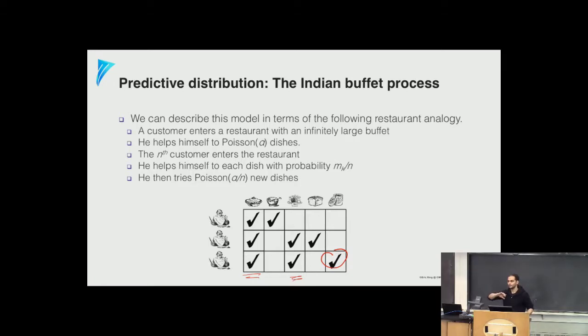So there will be some dishes that were tried by maybe one customer, but no one else ever tried that dish, just because the probability of selecting that dish was much smaller for, let's say, the nth customer after the first n-1 customers selected the first few dishes. Any questions about the construction?